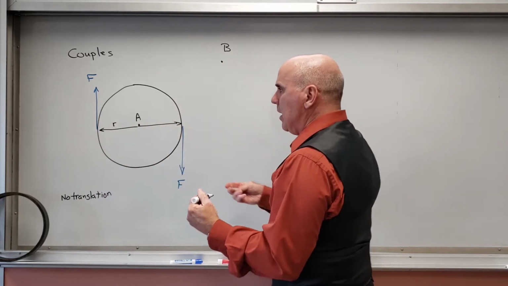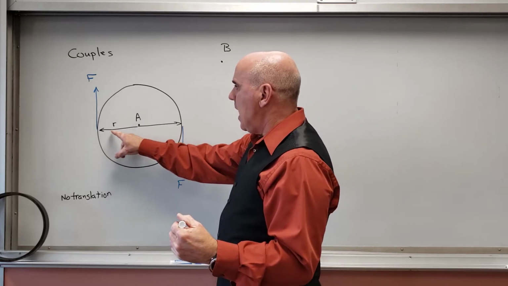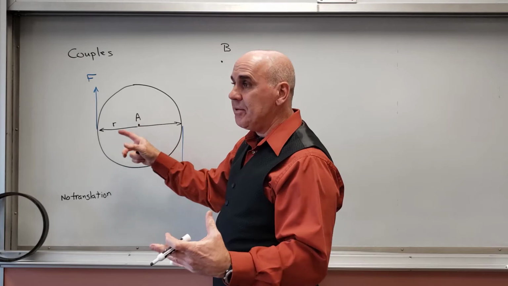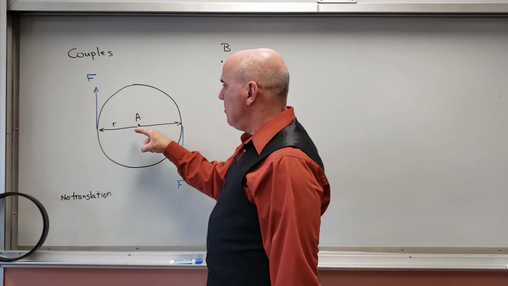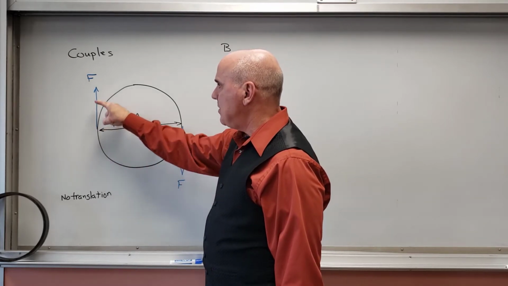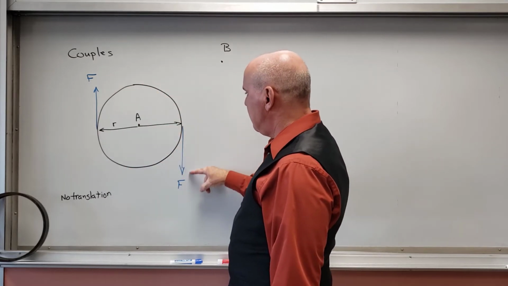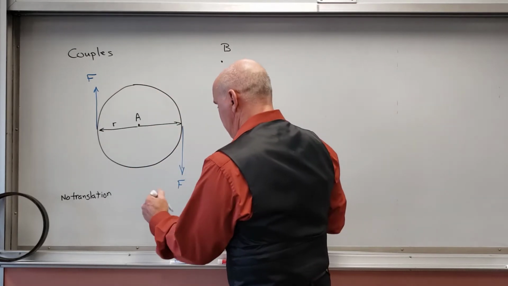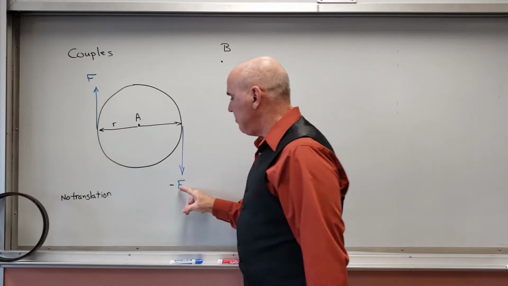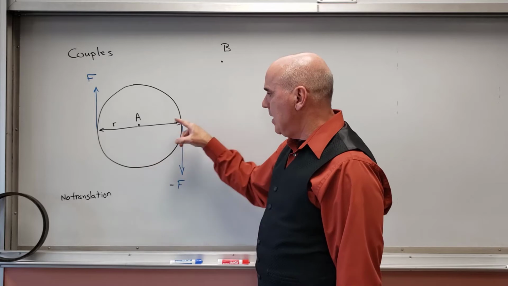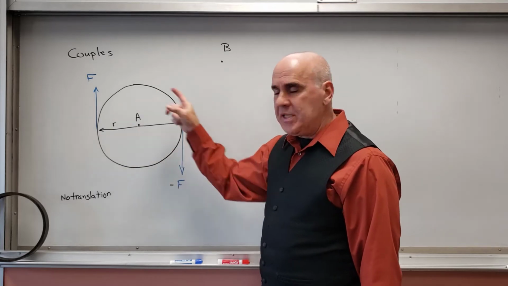And so around the point A, I've got r times f, and I've done this on purpose. I've made them at 90 degrees, but we could do cross products. But the moment's going to be r times f. That's going to be clockwise, so that's negative. And then this f over here, which maybe I'm even going to label minus f because it's in the opposite direction, that's also going to create a clockwise rotation.